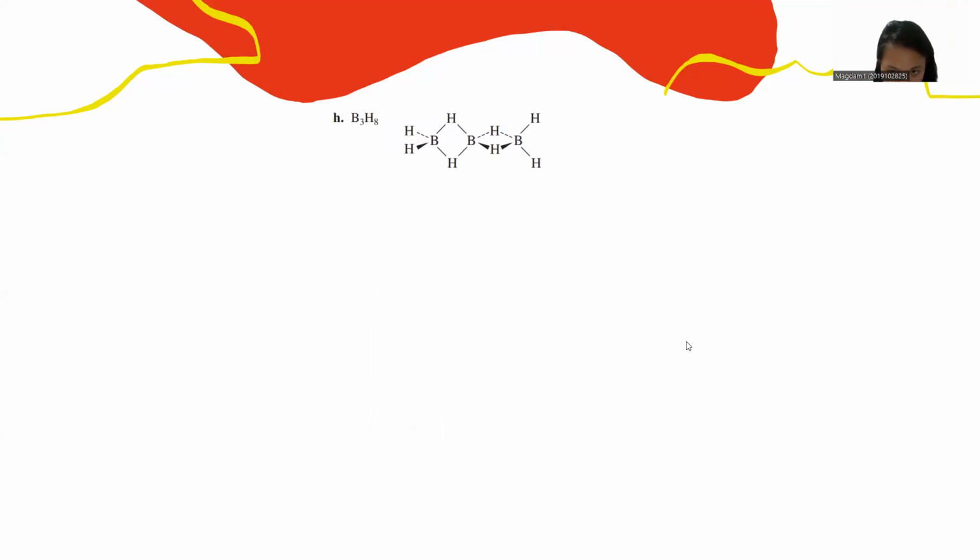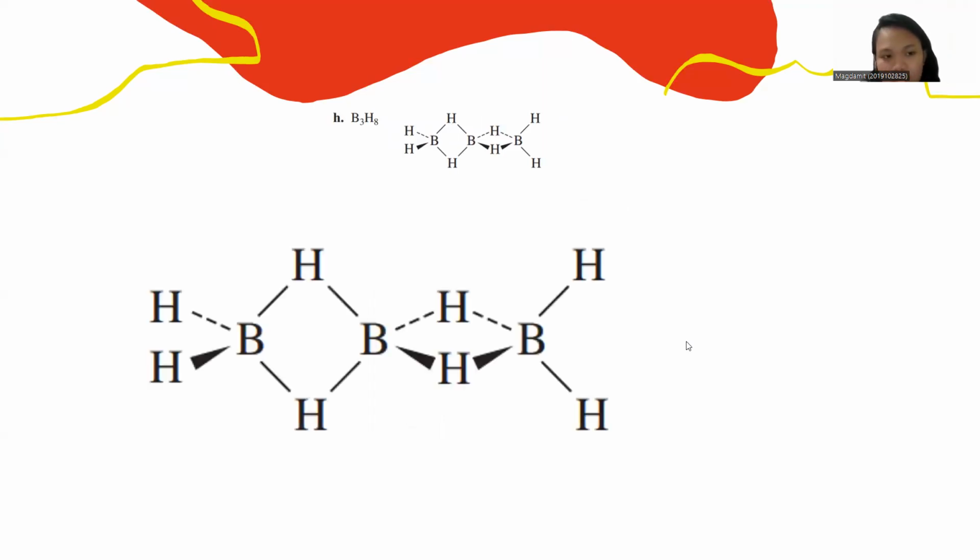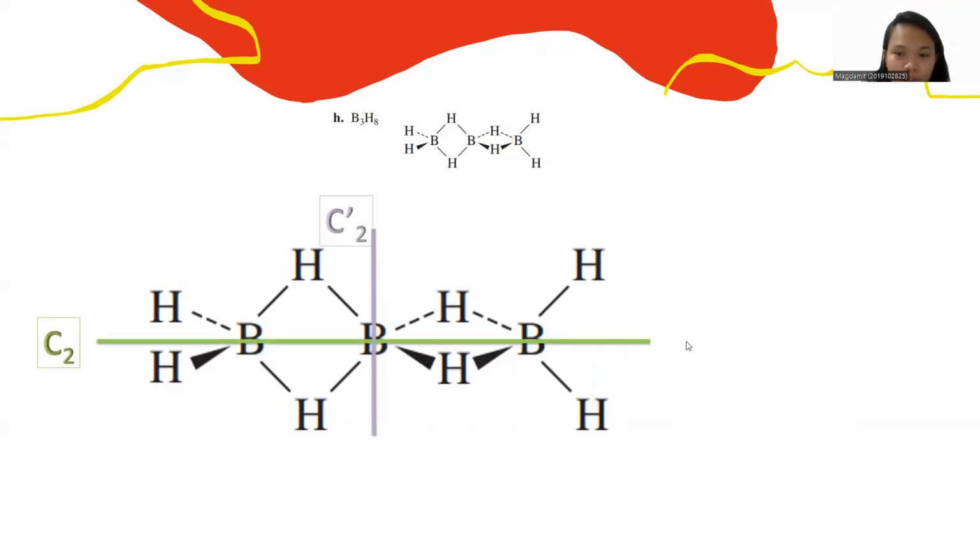H, B3H8. B3H8 has a C2 axis passing straight through the boron atoms and 2 other C2 axes perpendicular to each other and to the previous.